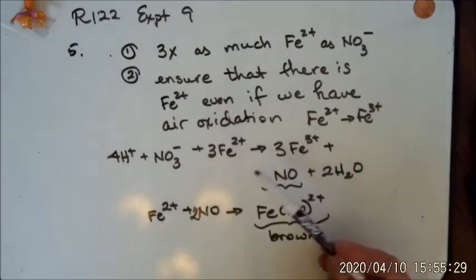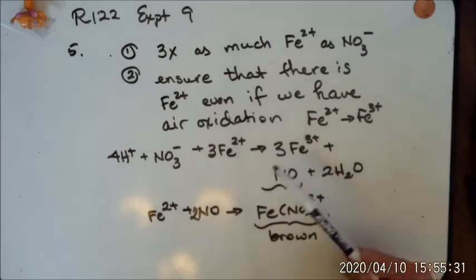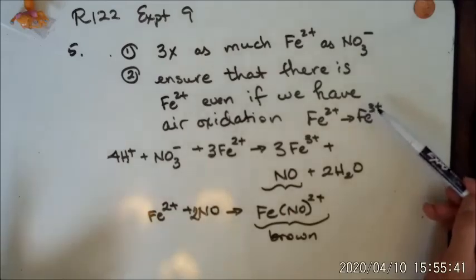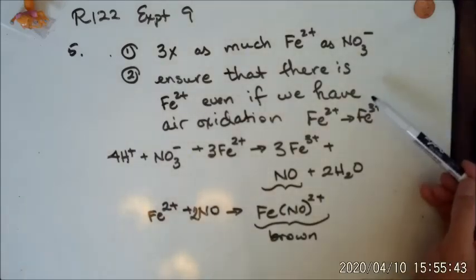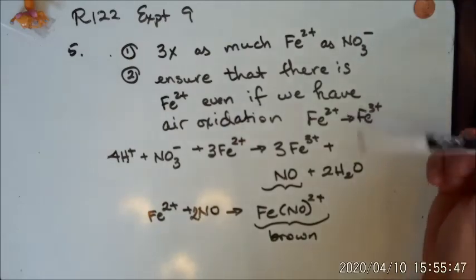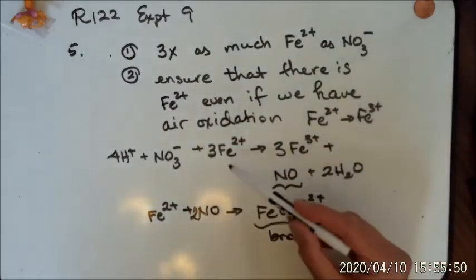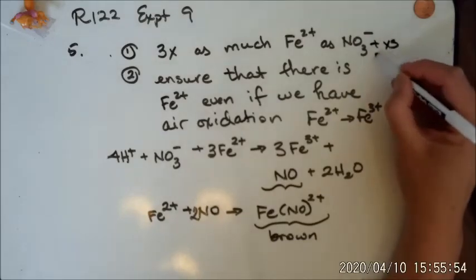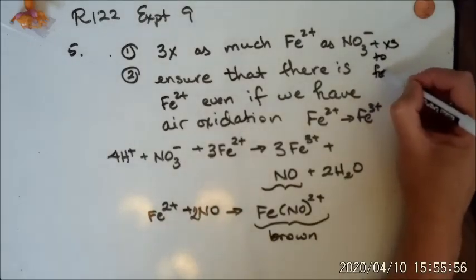So we need at least 3 to form NO. And then with the excess, you're going to form this complex. So that's why we need excess. 1, we want to make sure that we don't do the bare minimum amount because we don't want oxidation. But you need 3 times as much plus excess to form the complex.